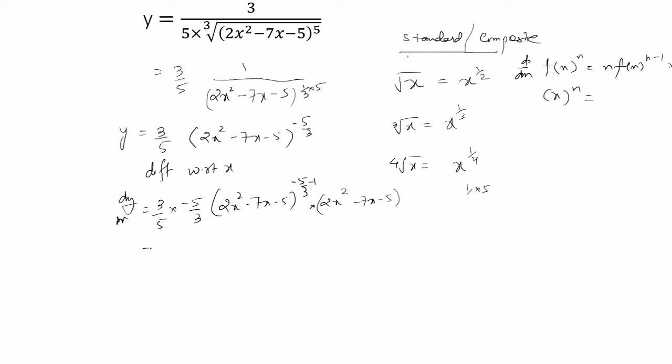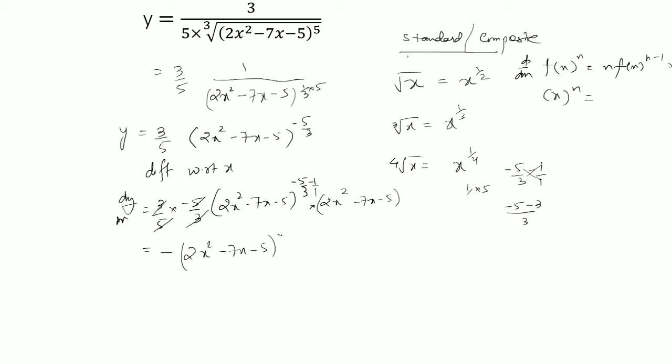Now as we can observe, 5 gets cancelled, 3 gets cancelled, you will get a minus of (2x square minus 7x minus 5) raised to, if you do cross multiplication, minus 5 by 3 minus 1, so this is calculated as minus 5 minus 3 upon 3.